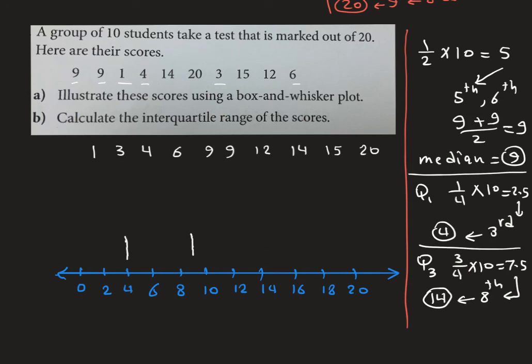Upper quartile 14. Draw the box. The least value 1, so join with the least value between 0 and 2. The greatest value 20. This is our box and whisker diagram.